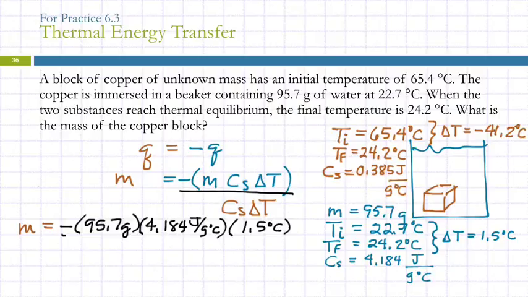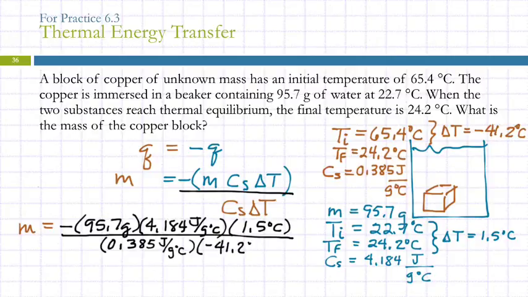And all of that is divided by the specific heat capacity of the copper, 0.385 joules per gram degree Celsius, times its temperature change, negative 41.2 degrees Celsius.